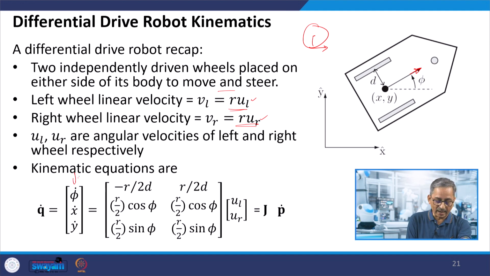So, here I have the velocity of the robot in x direction and y direction, and the spinning of the robot, that is the angular velocity of the robot, and here we have the left wheel angular velocity and the right wheel angular velocity. This term I can call a Jacobian, and this term I can define as P dot.